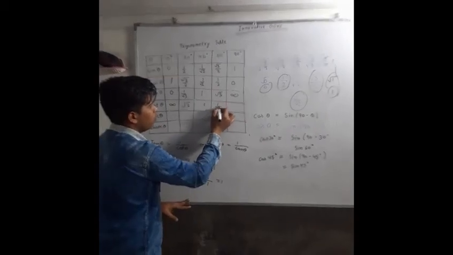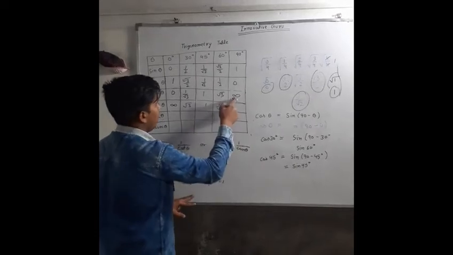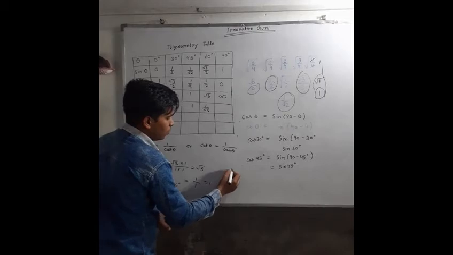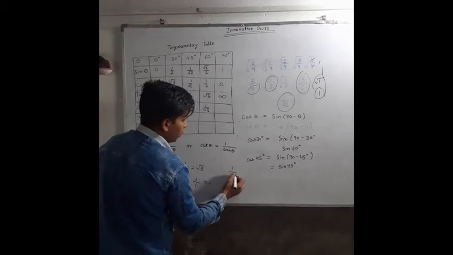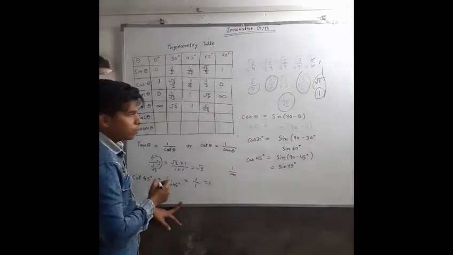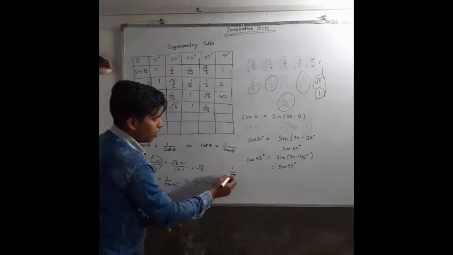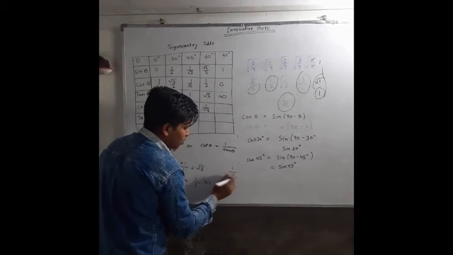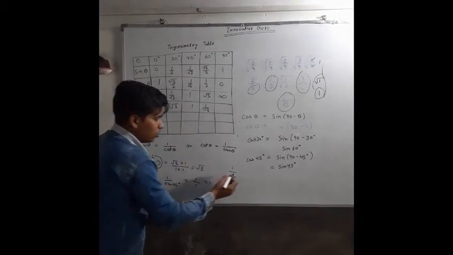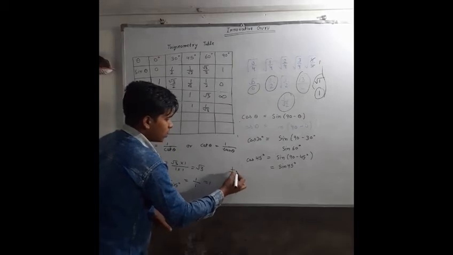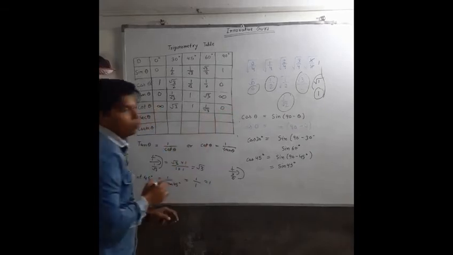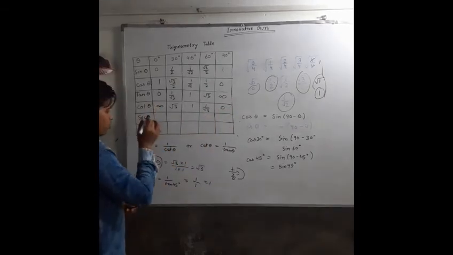So it is 1 upon root 3 and infinity. What would be the answer if you divide 1 upon infinity? Just focus on this symbol. This is a number like x upon 0. That's why it is like that. Once you solve this, the equation will occur like this. So the answer is 0.